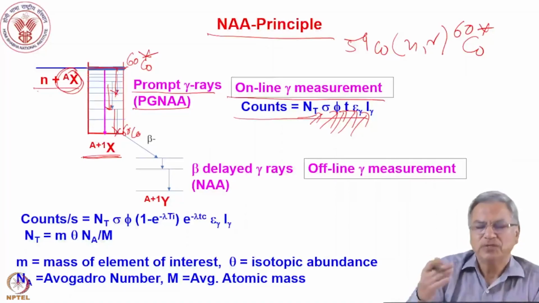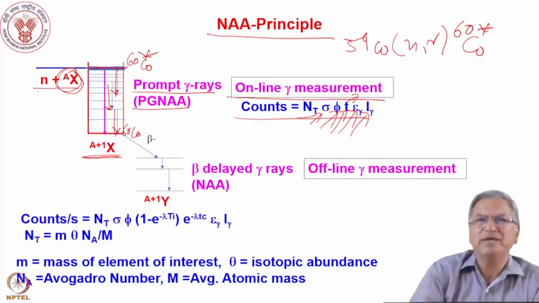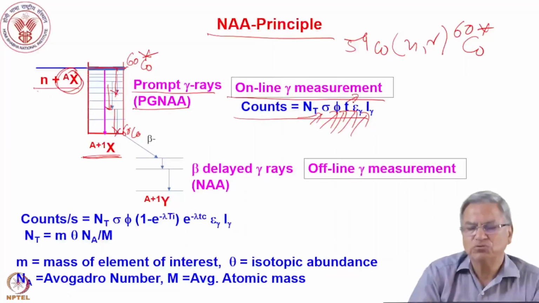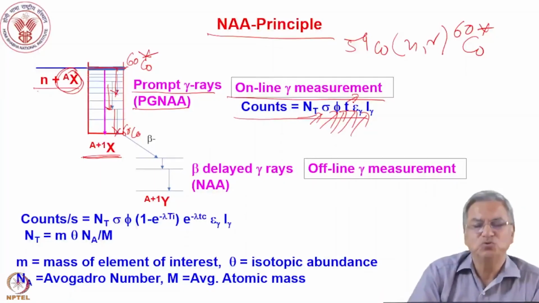So you can see here, if you do the experiment for a certain time t, whatever counts you get, you can find out the number of atoms of the target element and hence its concentration. Because the cross section is the capture cross section, which you know.